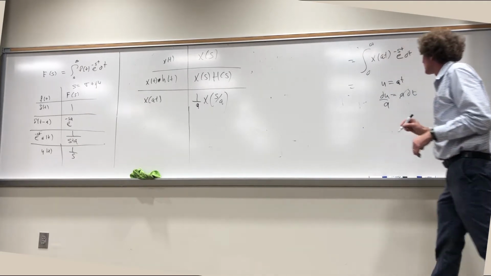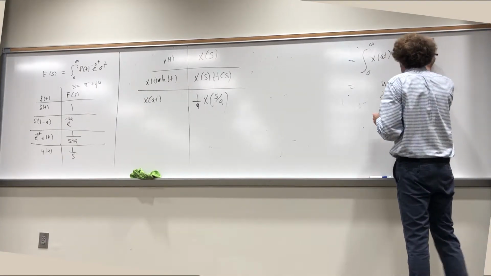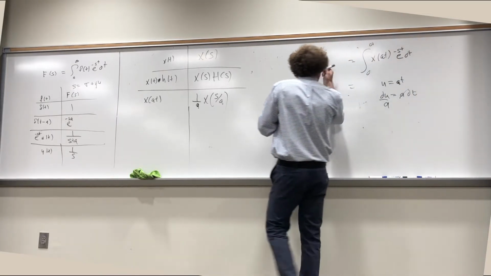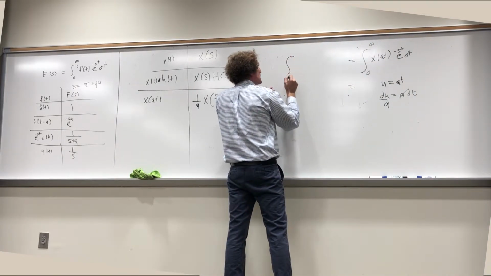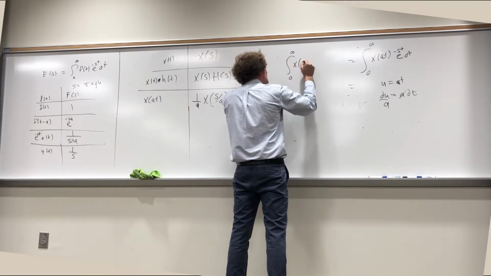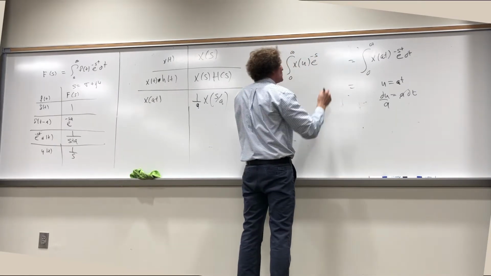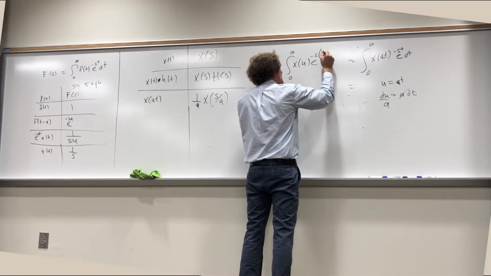Then I'm going to divide by a over here, so I have dt. And now I come up here and say this is actually equal to the integral from 0 to infinity now of x of u times e to the minus s, t is actually u over a, right?